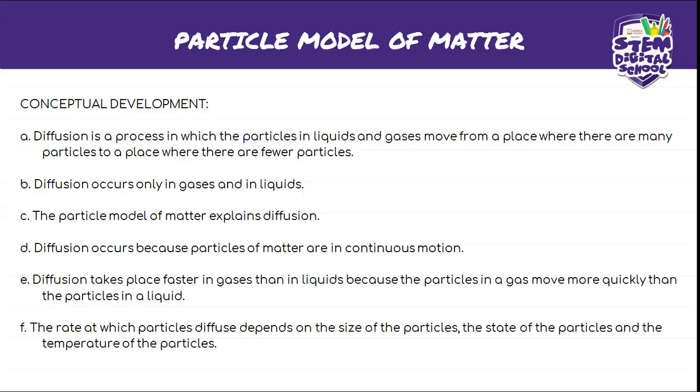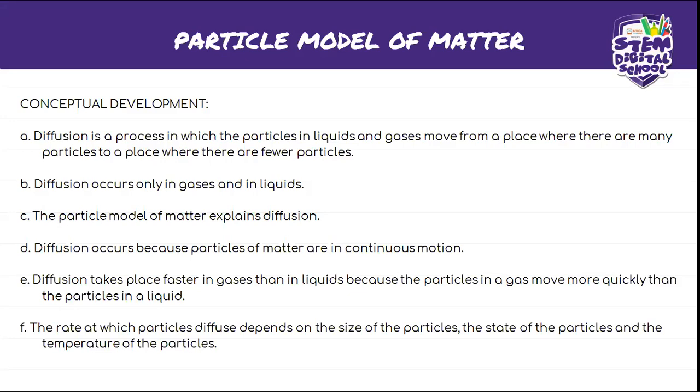Okay, and we said diffusion only occurs in gases and in liquids. It doesn't happen in what? Solid. We said the particle model of matter explains what? Diffusion. And we said diffusion occurs because particles of matter are in continuous motion. So because particles are in continuous motion according to the particle model, then diffusion can occur.